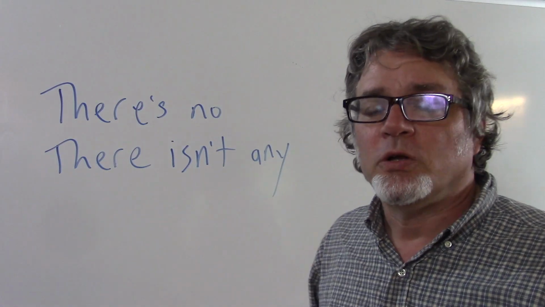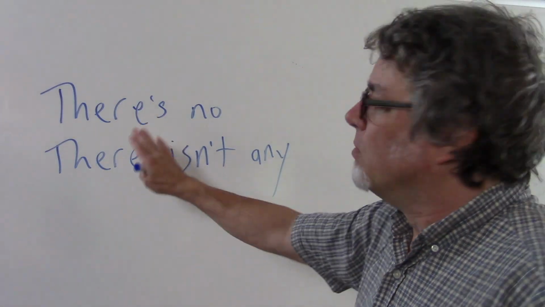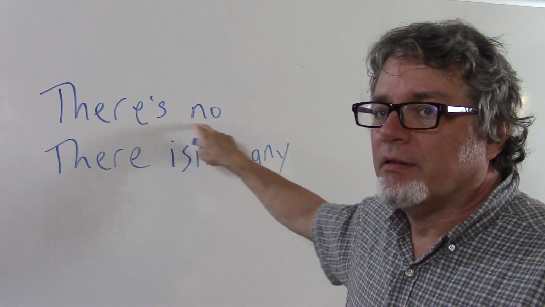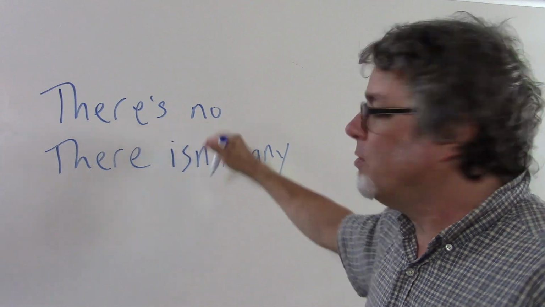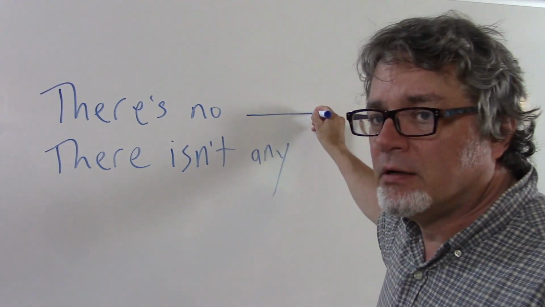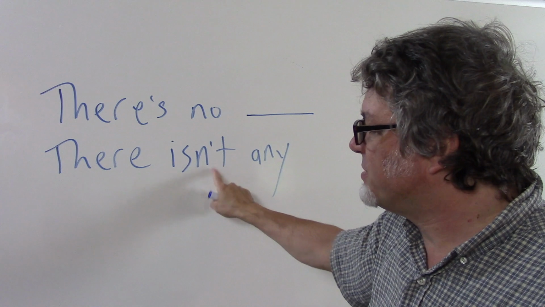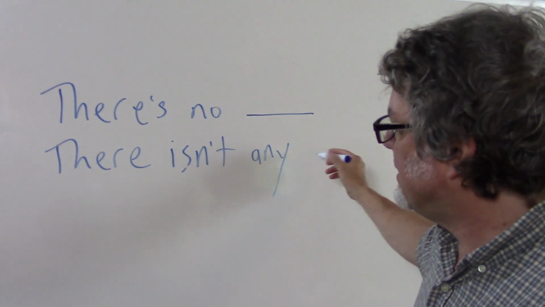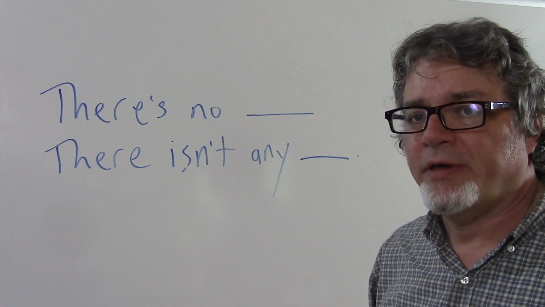Remember, in English, you can only have one negative. So here's the negative, no. There's no, and then the noun here. And here's the negative with the verb be. There isn't any, and then you put the noun there.